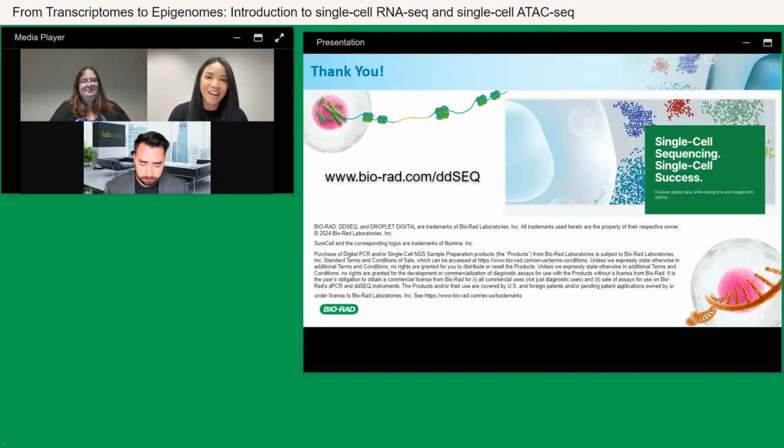Because it is single cell. What we would want is for the samples that we are inputting to be of the highest viability, single cells, and free from aggregates. Thank you, Errile.